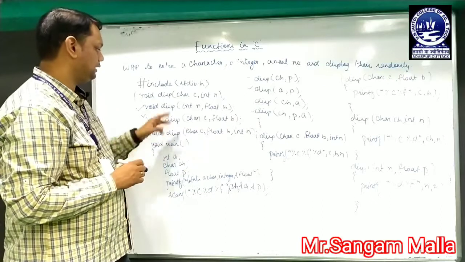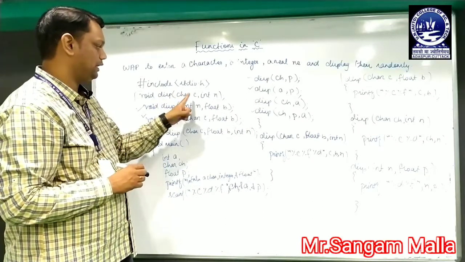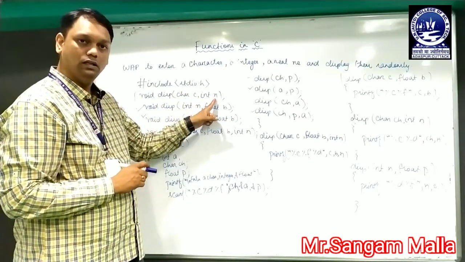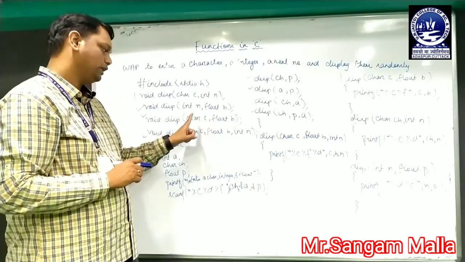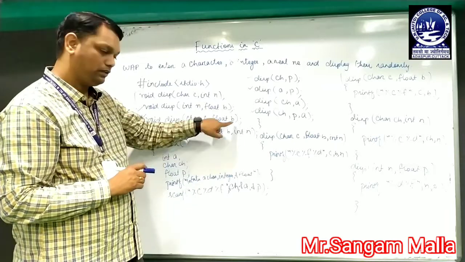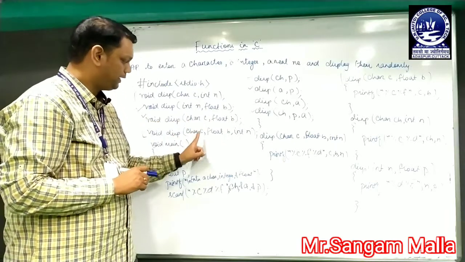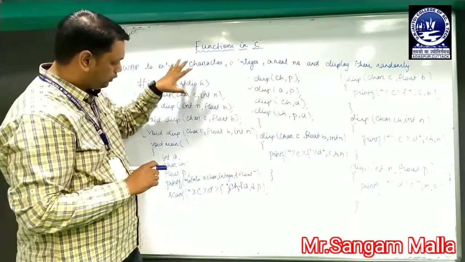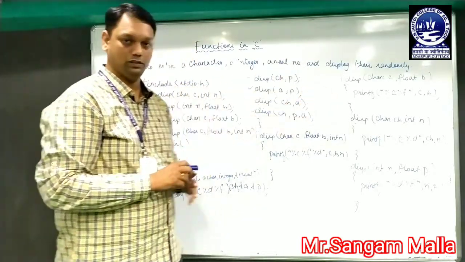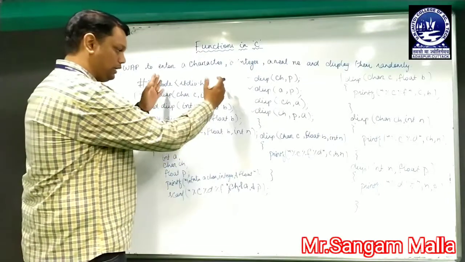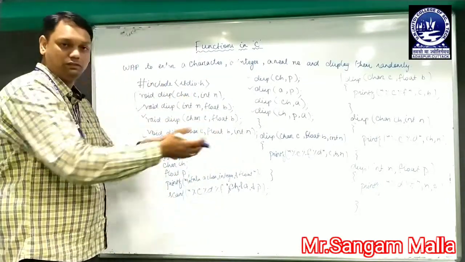In the first display function I have taken a character value and an integer value. In the second an integer value and a float value. In the third a character and a float. In the fourth a character, float and integer. The calling function will be exactly the same as the called function, that means the called function will have the same format in which the values have been passed.